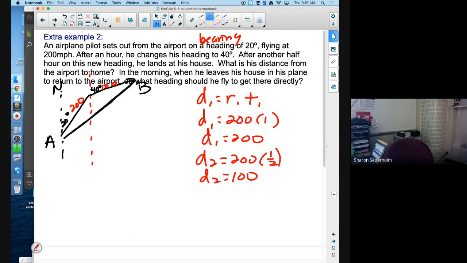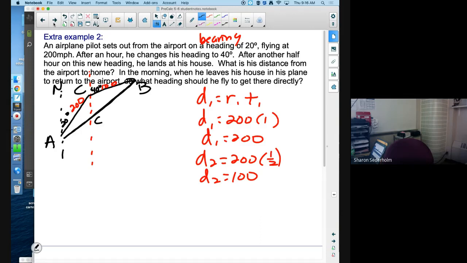Still not enough. We need more information. And what would be really nice would be if we knew what this angle was, and since this is A and this is B, let's label this one C, because we need this little distance, because they want to know how far are they from that airport that they started off at. All right, so this means I have to try to find an angle.